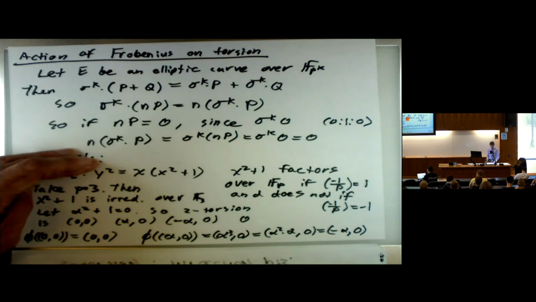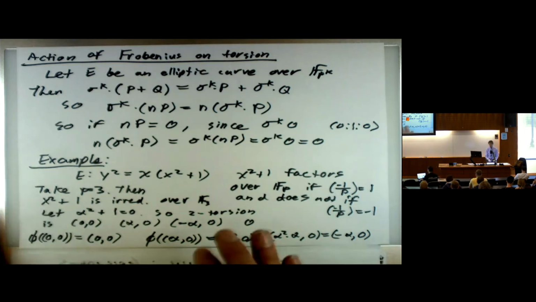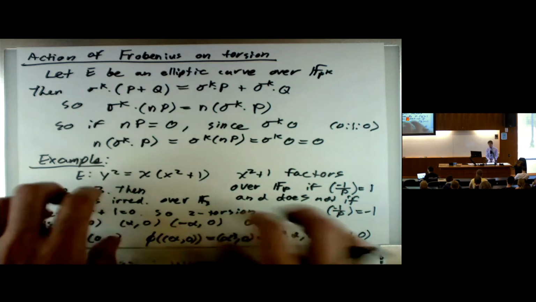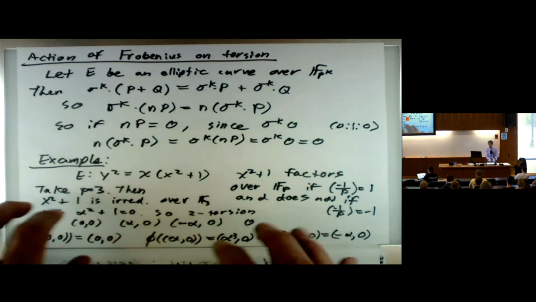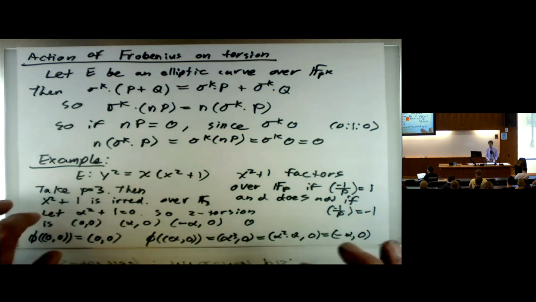And I should also say that when you look at the action of Frobenius, well, I'll save that discussion for Wednesday. But the matrix you get from this construction is only giving you the action on the L-torsion, whatever L is. In this case, L is equal to 2.